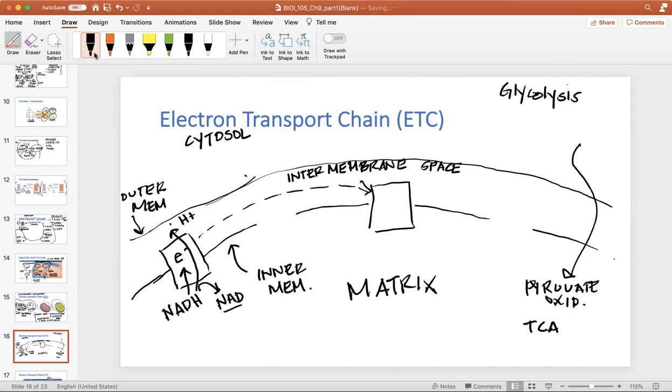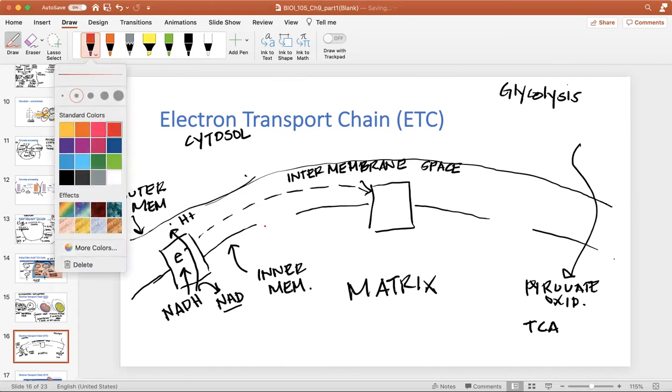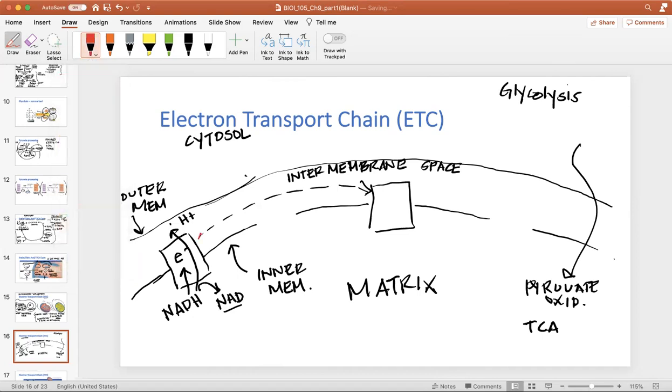I'm actually going to change colors so that y'all can see that. So we're going to transport this electron from here over this direction to a whole new protein. And this transportation is done by a special molecule called Q. Q, you can think of as sort of a molecular shuttle bus.